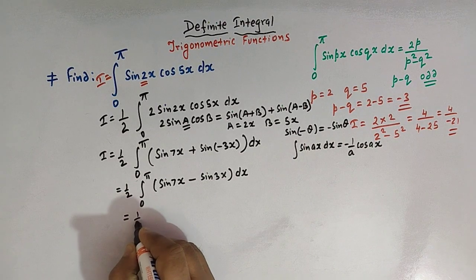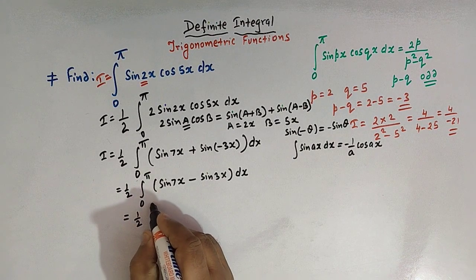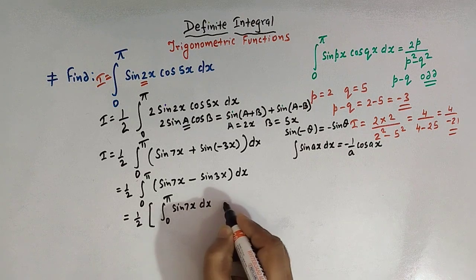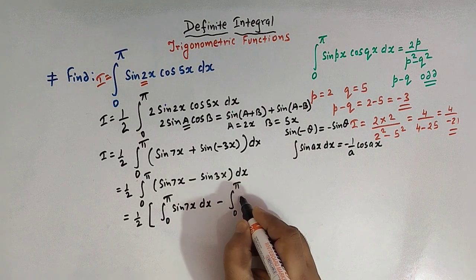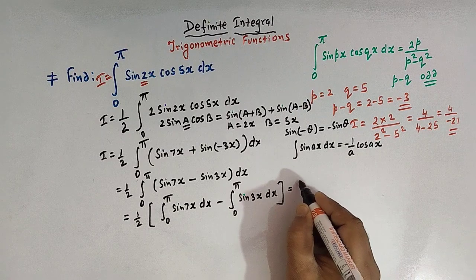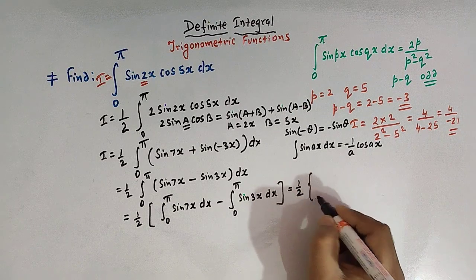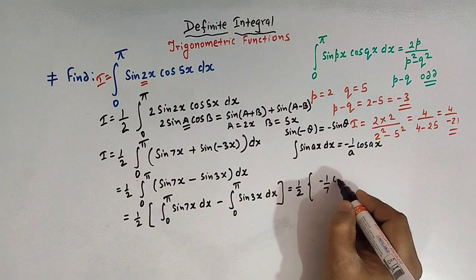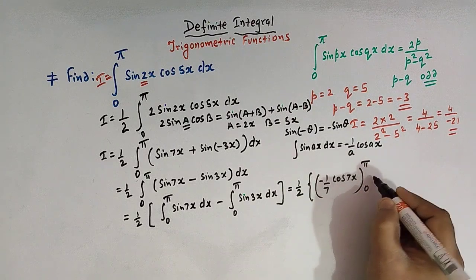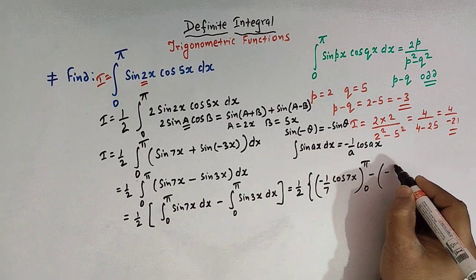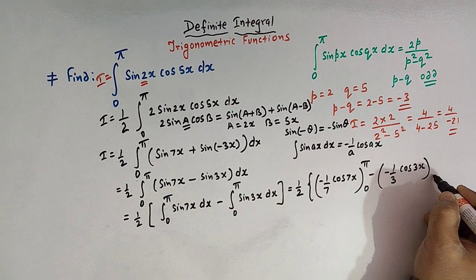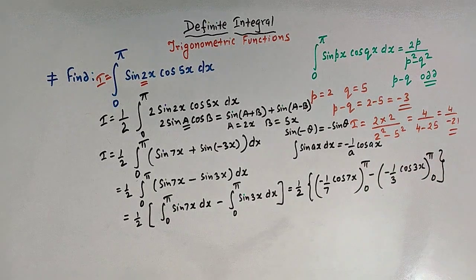So now we can write half, the integral of sine 7x dx from 0 to pi minus the integral of sine 3x dx from 0 to pi. So we have half, minus 1 over 7 cos of 7x with limits from 0 to pi, minus the term minus 1 over 3 cos of 3x with limits from 0 to pi.